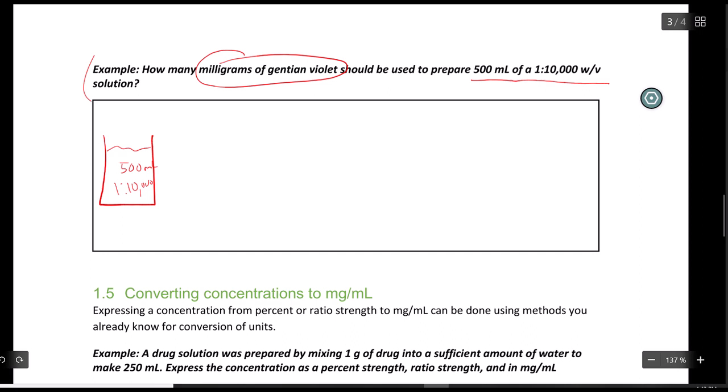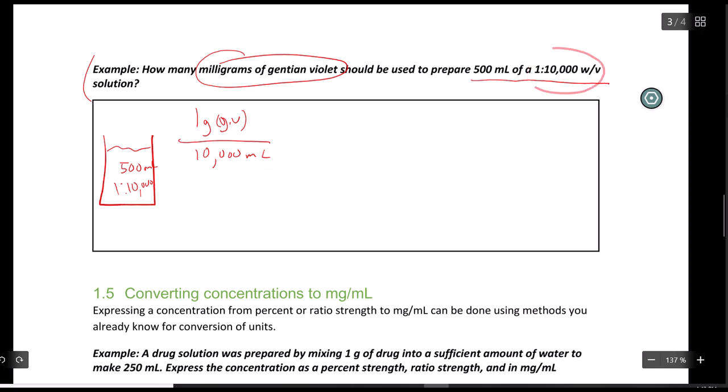Weight and volume. That means that it's got what? Let's break it down. It says that it's got 1 gram of gentian violet, I'll call it GV, in every 10,000 mLs. That's all that that's telling us, right?